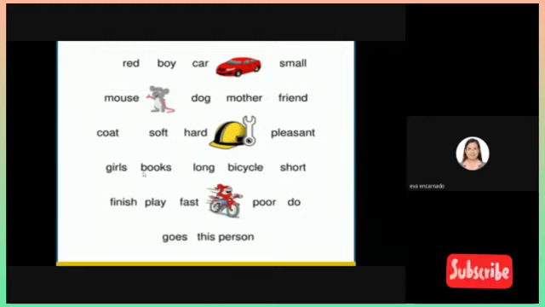Girls, books, noun yan. Long, adjective. Bicycle is a noun. Short is an adjective. Finish, verb yan. Play, example of verb. Fast, adjective.